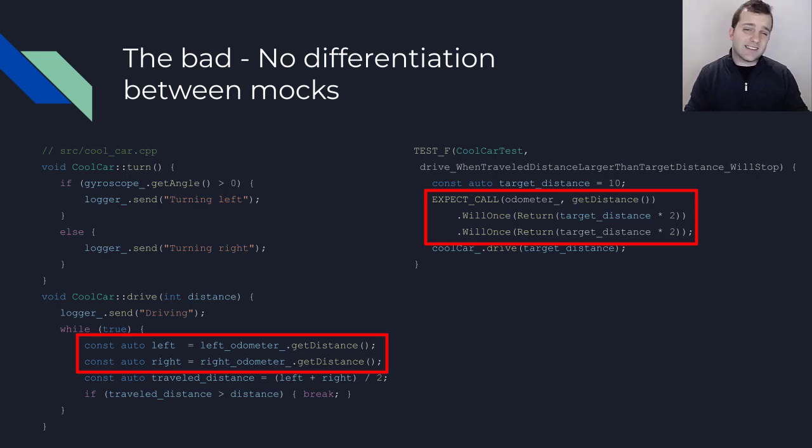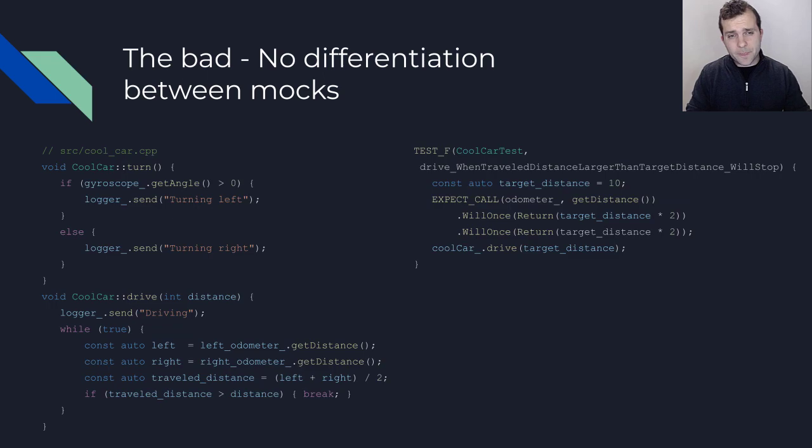Cool car has the left odometer and the right odometer instances, while our tests only has odometer underscore. This inconsistency increases the complexity and decreases the readability of our tests, especially when our code handles multiple instances of each dependency. Unfortunately, this is not the only negative consequence of using a singleton.